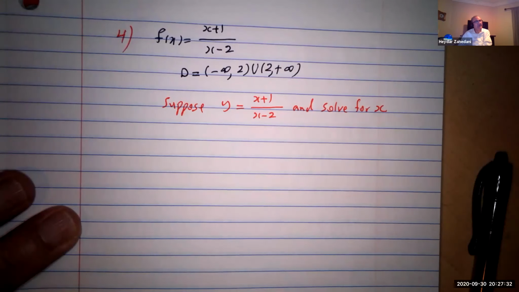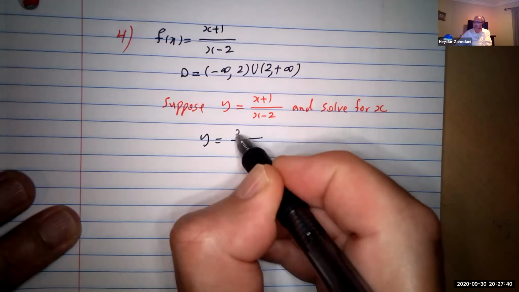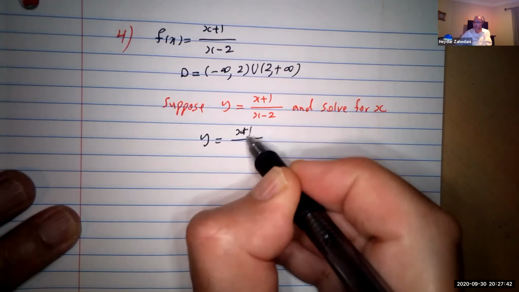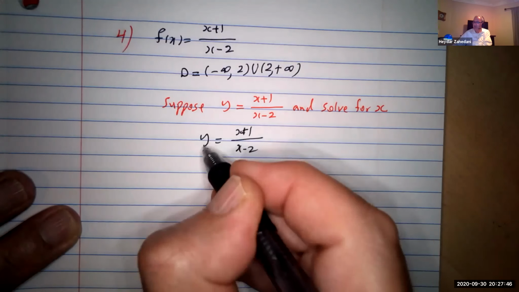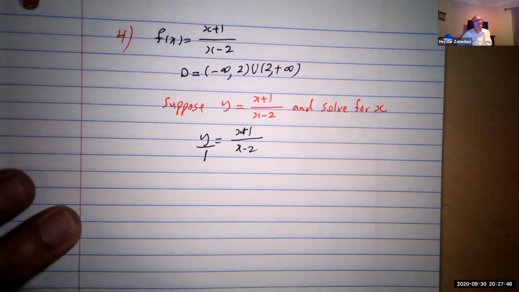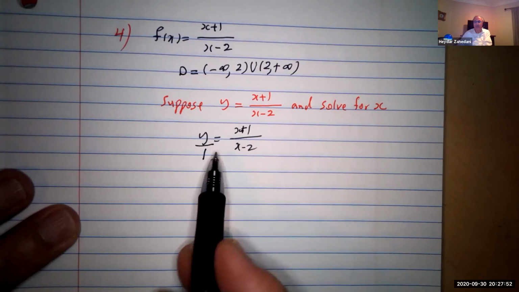You have to clear the fraction to be able to solve it. Y is equal to x plus 1 over x minus 2. You may think about the y as y over 1. Cross multiply.